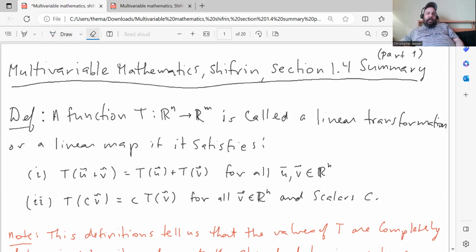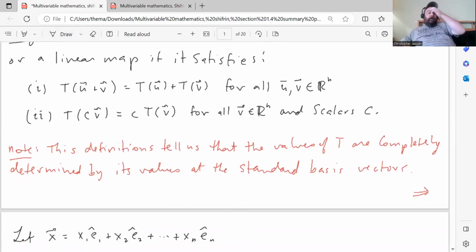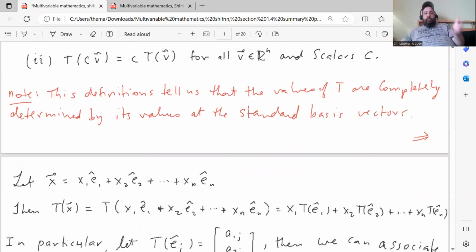All right, so that's the definition, and we'll look at a few examples of linear transformations in just a moment. With this definition, the values of T are completely determined by its values at the standard basis vectors. If you know what T does to e1 and e2, etc., then you know what it does to everything.